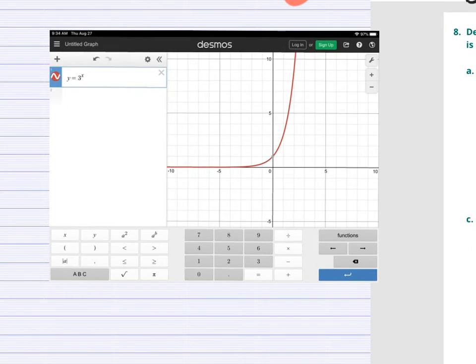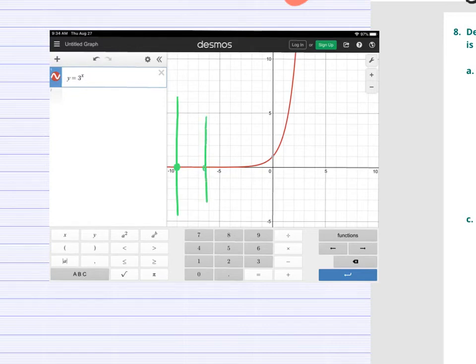Now remember, there's 2 ways to determine if it's a function, and if it's a graph, we use what's called the vertical line test, which means if I can draw a vertical line and I hit the red line once and only once, that's okay. That would mean it's a function. But if I can ever draw a vertical line and hit twice, that means it is not a function. So I drew one vertical line right there in green. It only hit once.